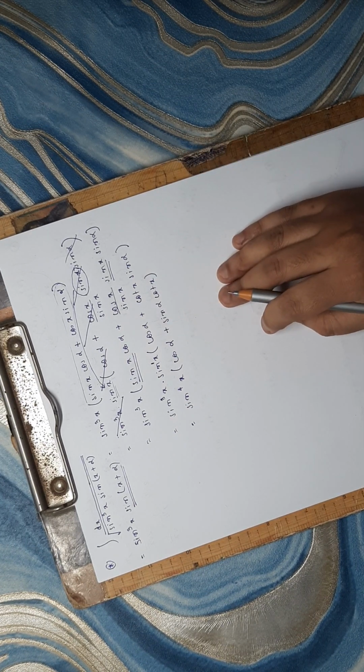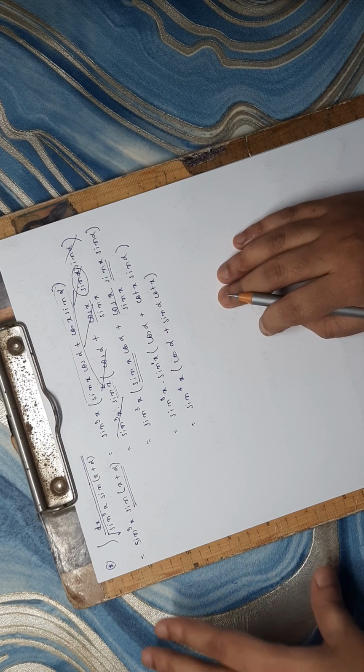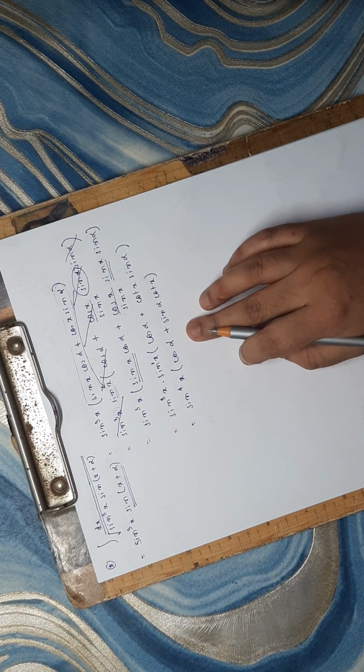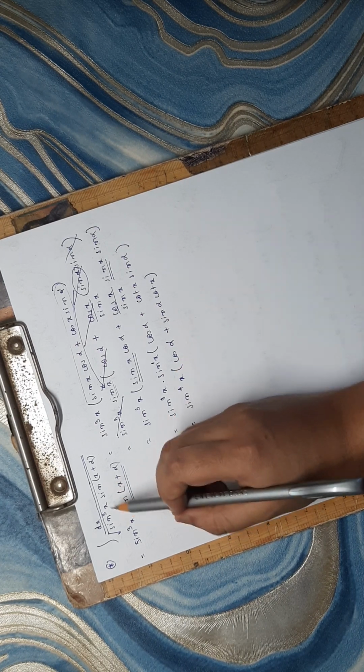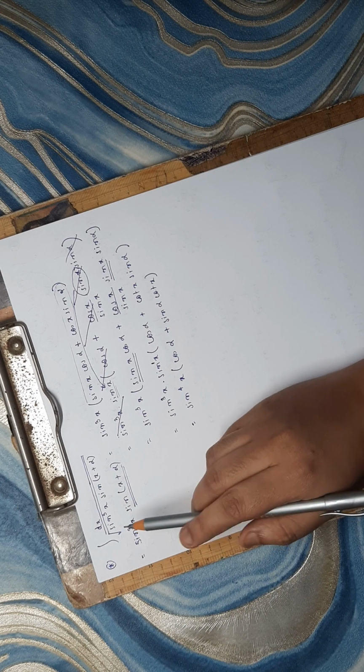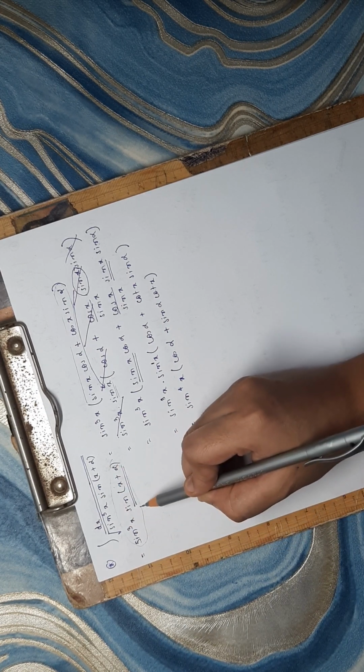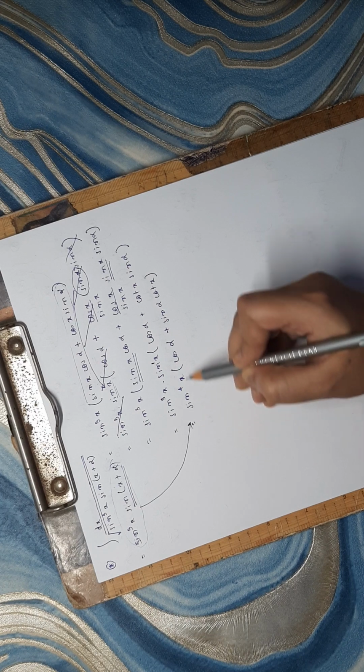Okay, so now I have this particular task of first replacing this particular part. How shall I write this? We took this as a denominator, and then we can replace this by this.